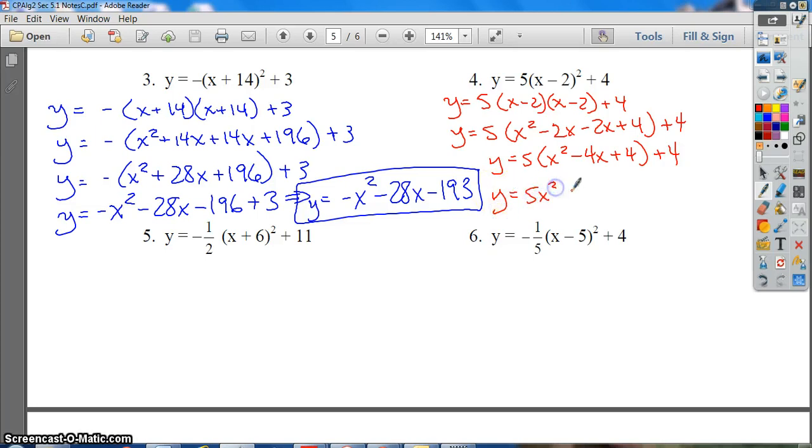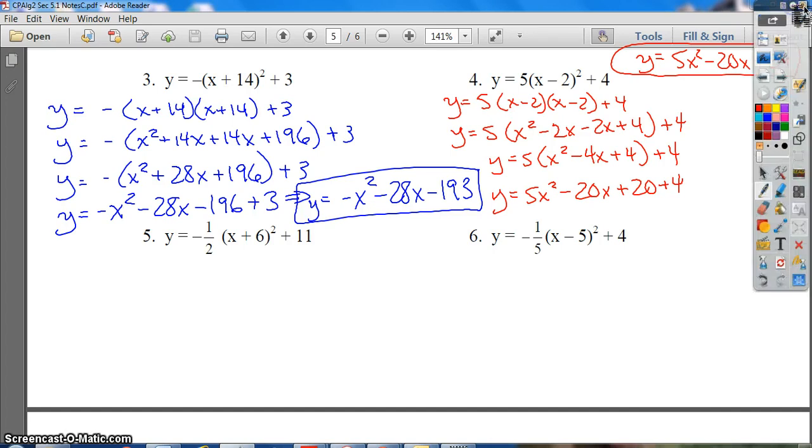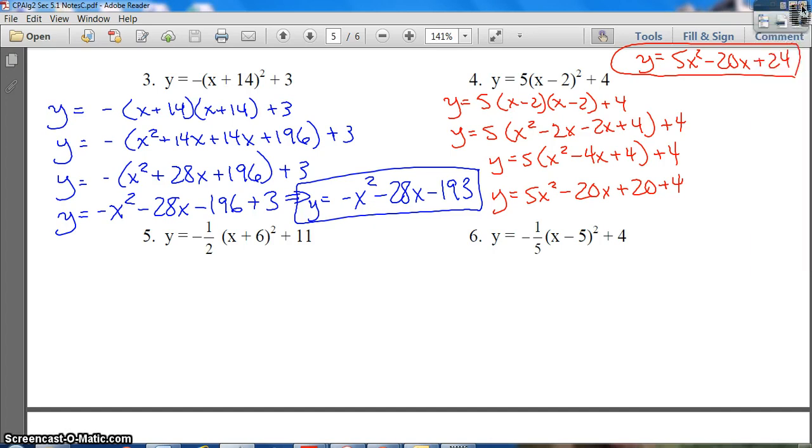Multiply the 5 in, get 20x plus 20 plus 4. And then to finish this up, we're going to say, okay, y equals 5x squared minus 20x plus 24. Okay? And that's where you would stop with this.